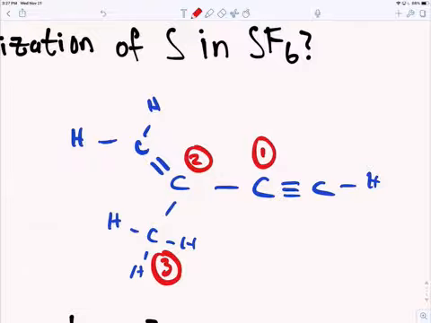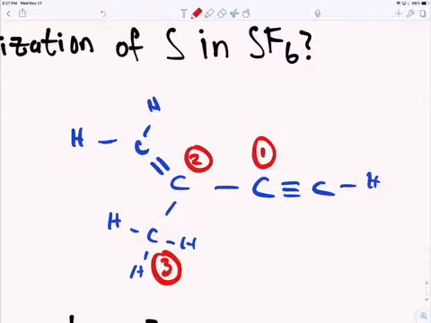Carbon number 2 has three things, all bonding. So that means sp2. And carbon number 3 has four things, all bonding, sp3. Make sense?